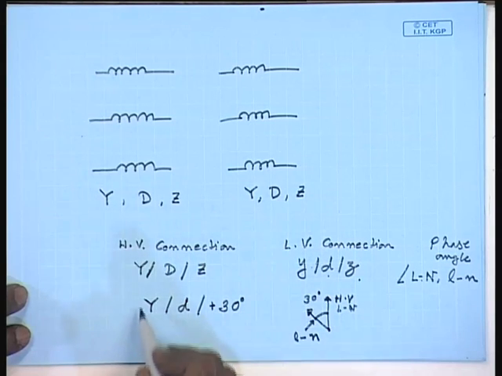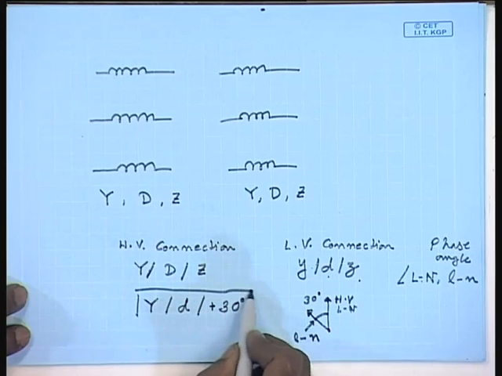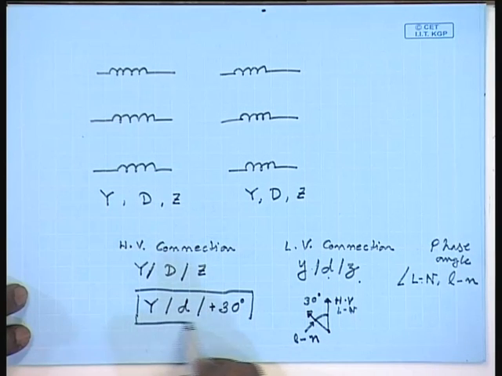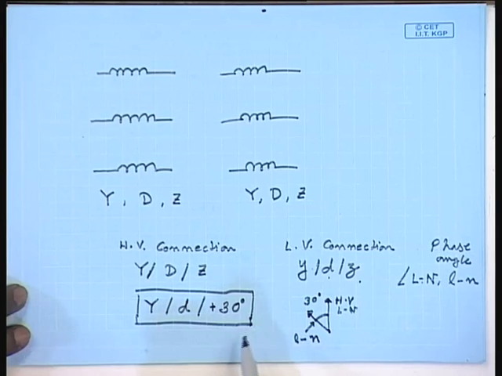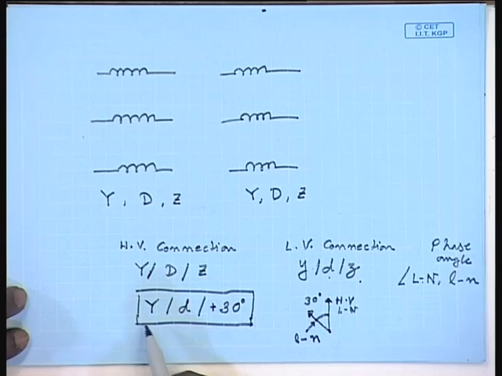So, this kind of specification is called the phase group specification of a 3-phase transformer. The phase group specification involves 3 specifications. One is the connection of the high voltage winding, connection of the low voltage winding and the phase angle between line to neutral voltages of low voltage winding with respect to the high voltage winding.